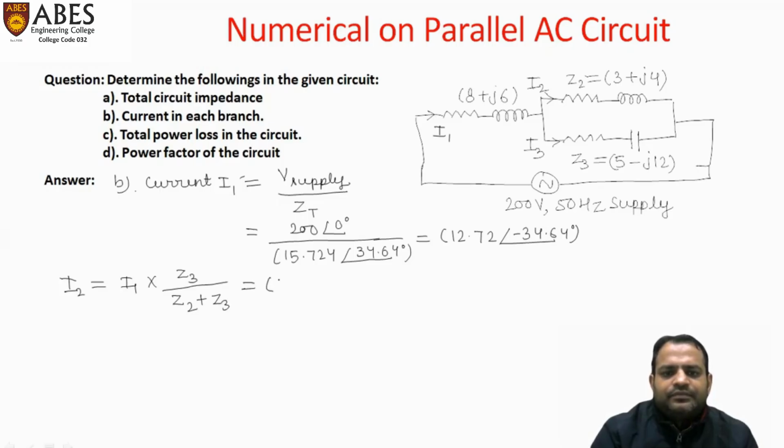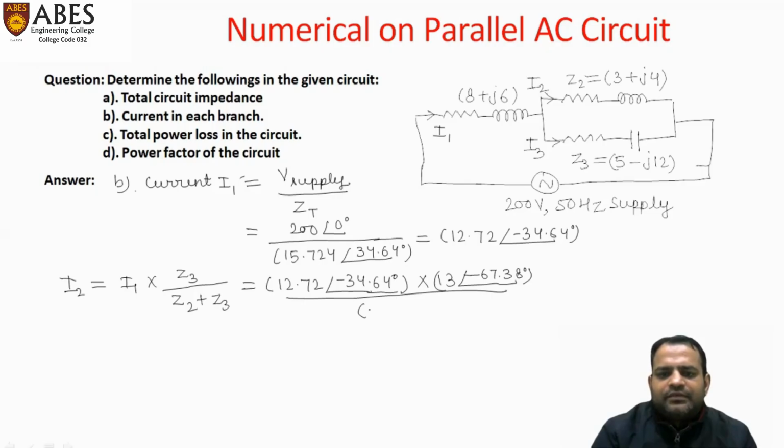So I1, 12.72 at an angle minus 34.64, into Z3, 13 at an angle minus 67.38, upon Z2 plus Z3.